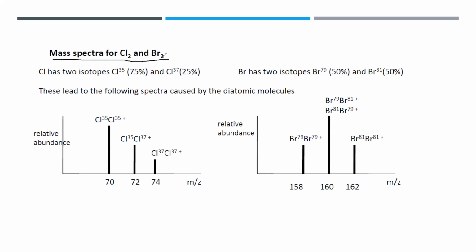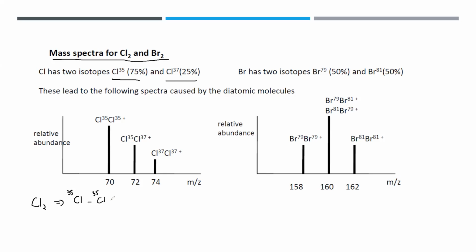Chlorine has two isotopes: one is chlorine 35 and the other is chlorine 37. In the chlorine molecule, Cl2, maybe both of them have atomic mass 35.